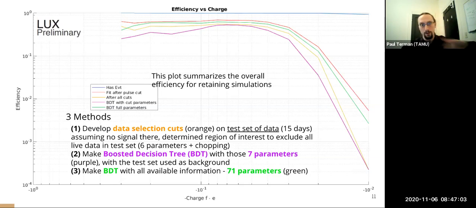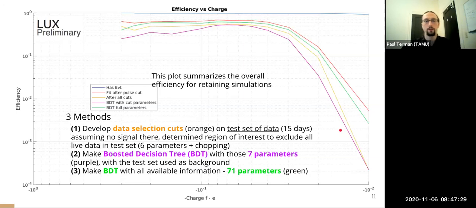We assume that there is no signal there at all, and then we make cuts to separate that non-signal data from our simulation that we are treating as signal. We then develop a region of interest on 6 parameters plus the notion of chopping, and we are able to get the orange simulation efficiency curve here.